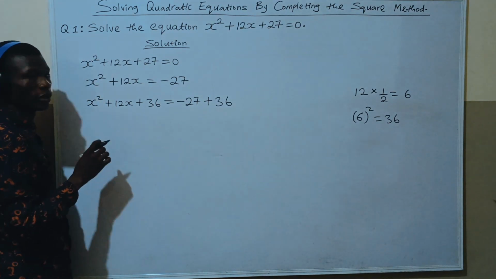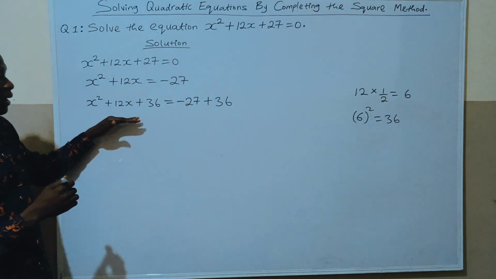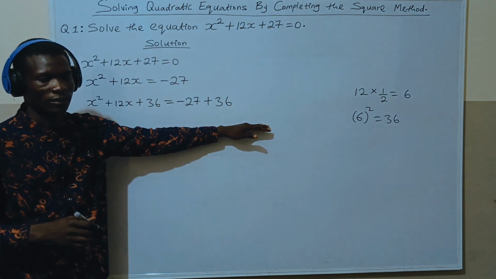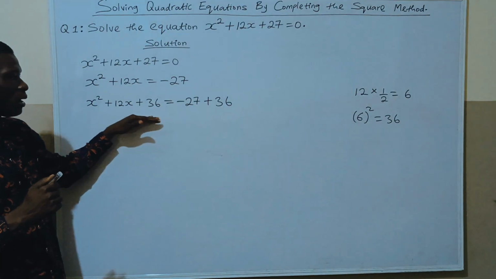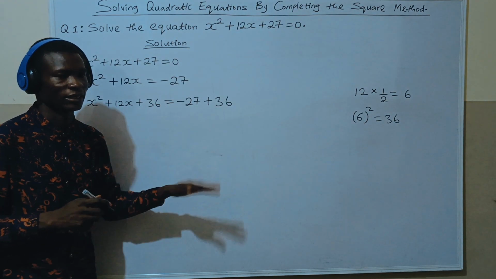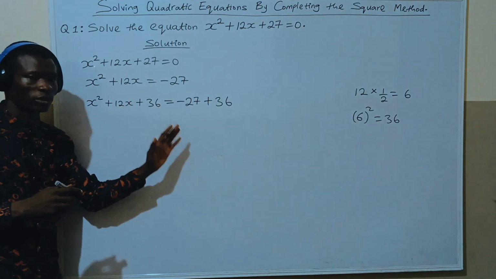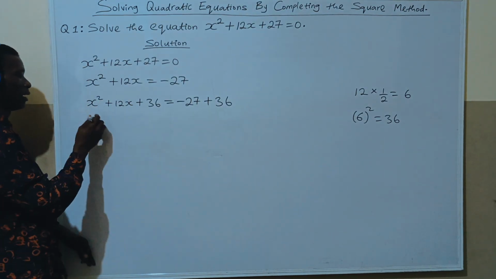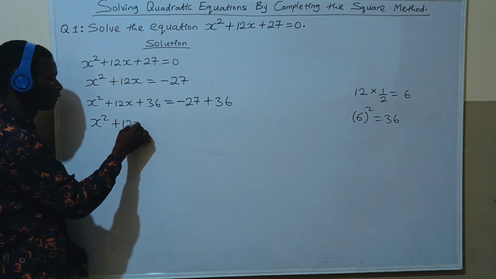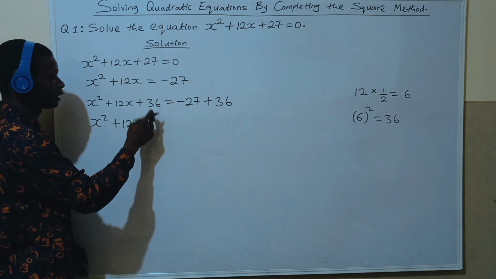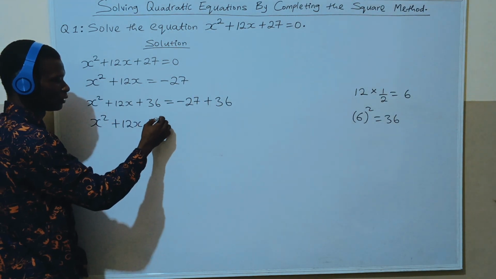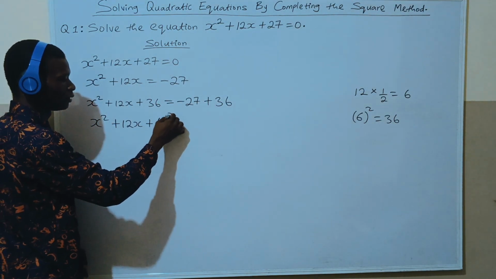Now what do we do? We summarize the left hand side and then evaluate the right hand side. So how do we summarize the left hand side? It is by writing it as x squared plus 12x plus, how did we get this 36? It is from c squared, so that's 6 squared.